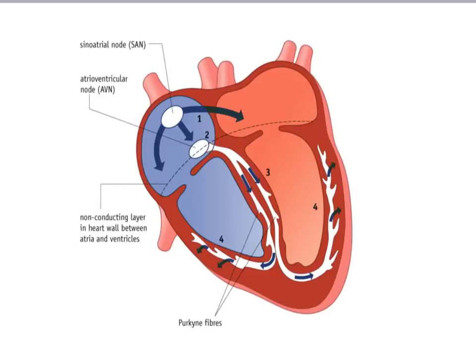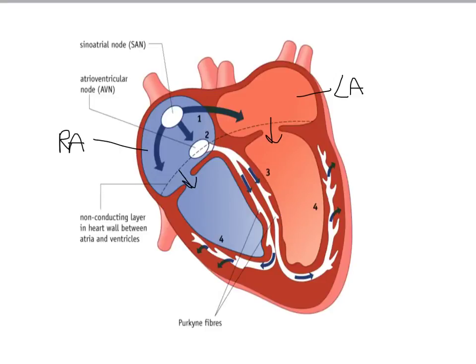We're going to imagine that these top two chambers, the right atrium and the left atrium, are about to contract and push the blood down through the valves into the ventricles.